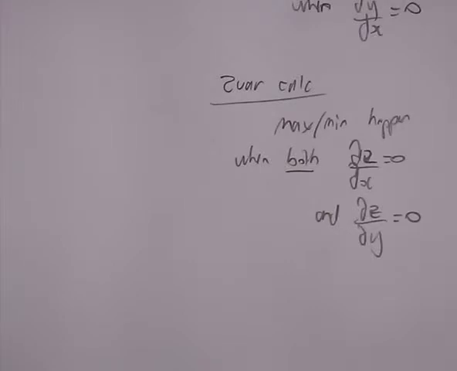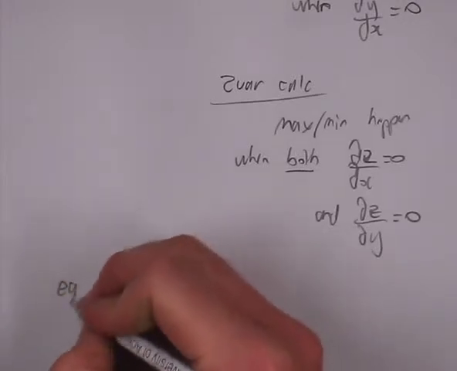Okay, if one of them is 0 but the other one's not, it doesn't count. They have to both be 0 at the same time. Now, as usual, it doesn't guarantee that it will be a maximum or a minimum, but it will tell you that a maximum or minimum could happen there. So we want an example of that.